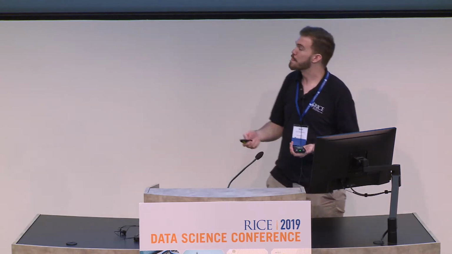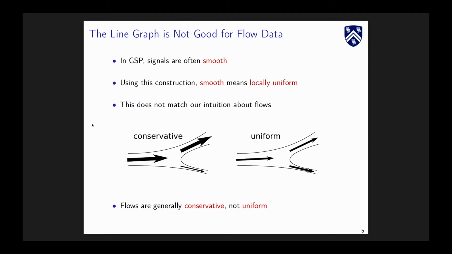So here's an example. Imagine this is a drawing of a road, right? Some intersection between roads. You have a major artery going along the top here, and then a small road branching off on the bottom. A uniform type of smoothness assumes, okay, the traffic flow over all of these branches is going to be about the same.